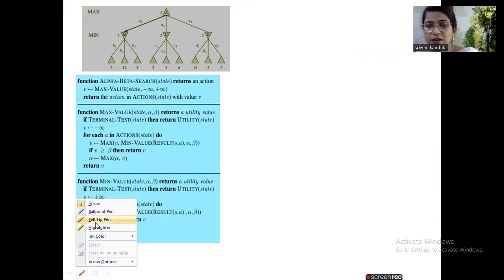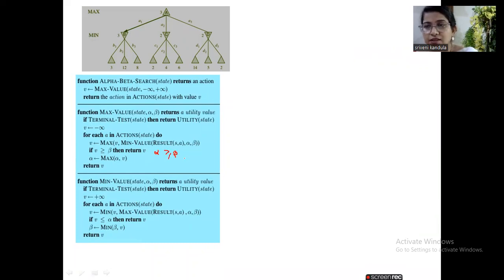Whenever the value that you are computing is greater than beta. What is the value that we update at the max player? It is the value of alpha, right? So whenever the alpha value is greater than or equal to beta, you will prune the next branches.